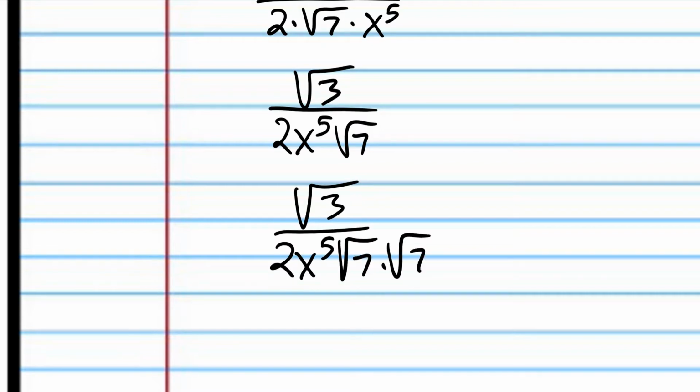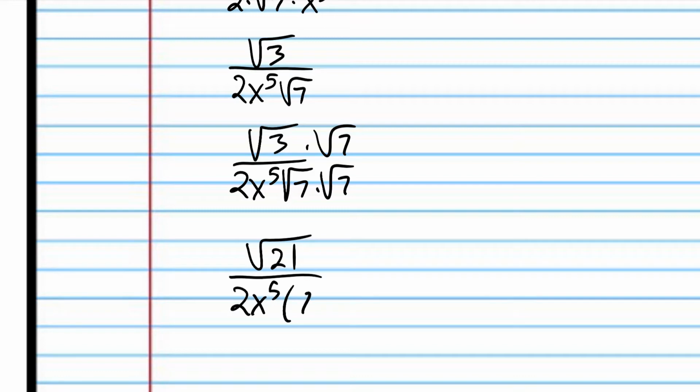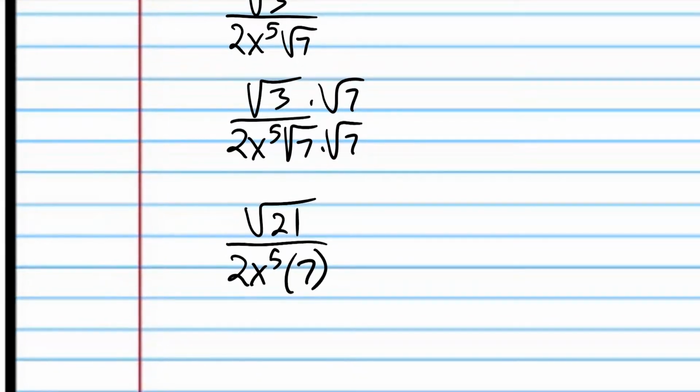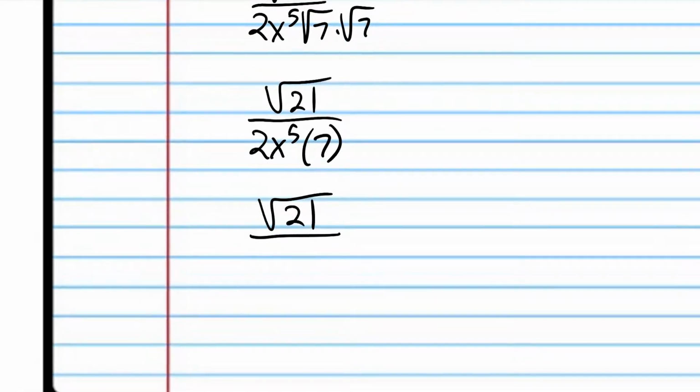So times root 7 over root 7, and we have root 21 over 2x to the 5th times 7, because those roots, when you multiply them, they just become 7. That's what multiplying a root by a root does. Okay, so now we have root 21 over 14x to the 5th. And that is the final answer.